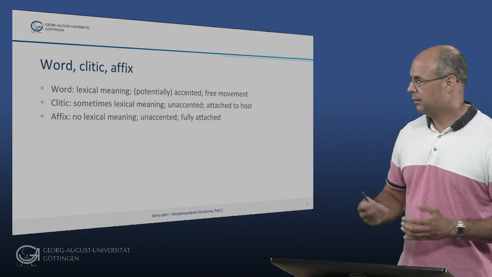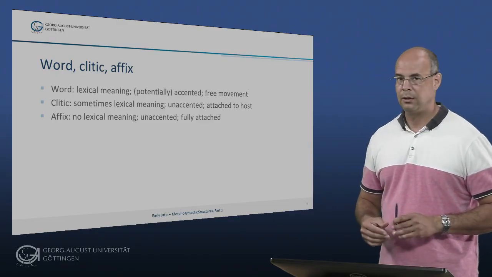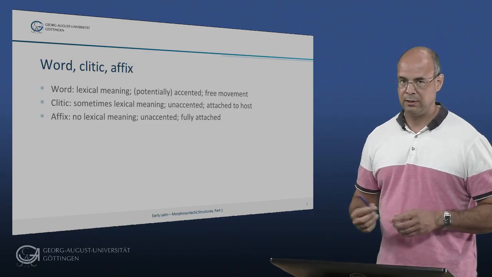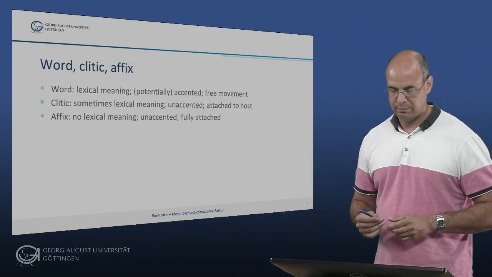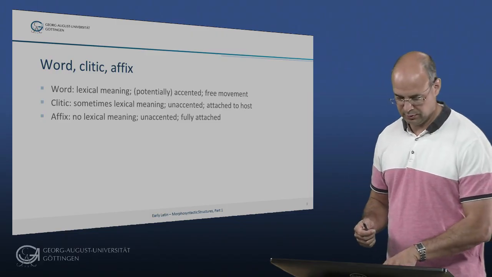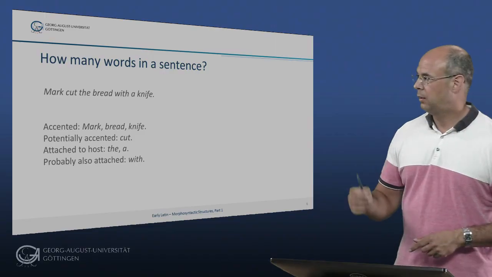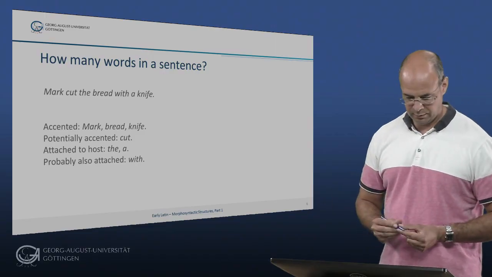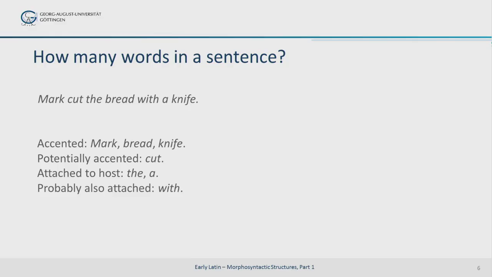Now, when you learn Latin at school or university, you tend to think of clitics as being a peculiarly Latin thing, but they occur in pretty much any language. You can see them in English, Mark cut the bread with a knife. We have fully accented words, mark, bread, and knife. Cut is potentially accented. And then we have unaccented clitic materials like the and a, which under normal circumstances are unstressed.